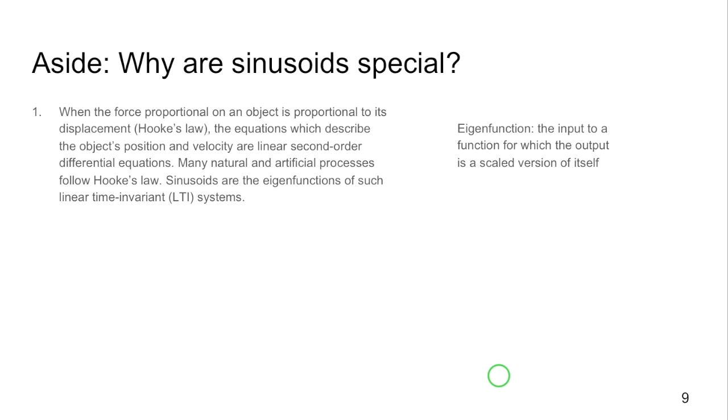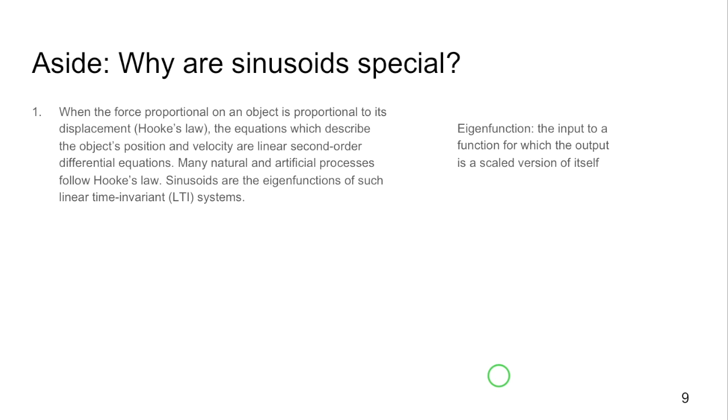The reason is, well, there's several, but the first one is that many natural processes, and some artificial ones, follow Hooke's law, which was originally developed in springs, and states that the force on an object is proportional to its displacement.